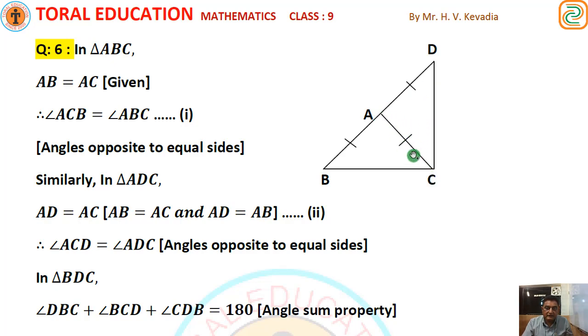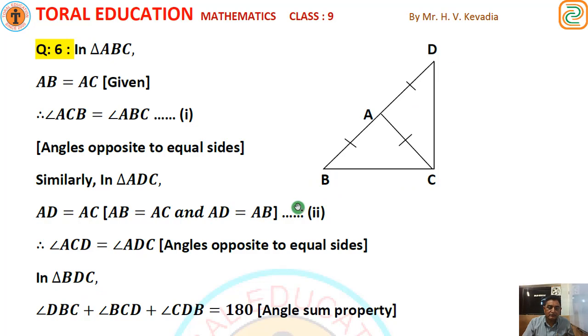Here AC equals AD because AB equals AC and AB equals AD. So the same thing happens. Angle C equals angle D. That means ACD equals ADC.